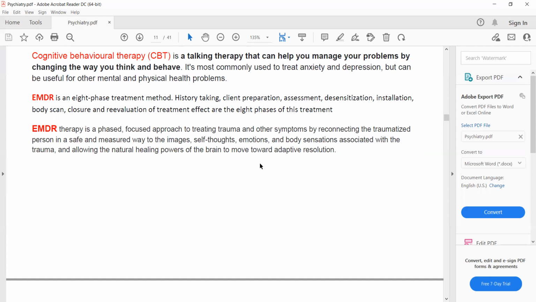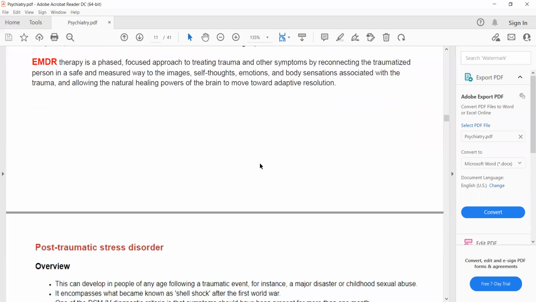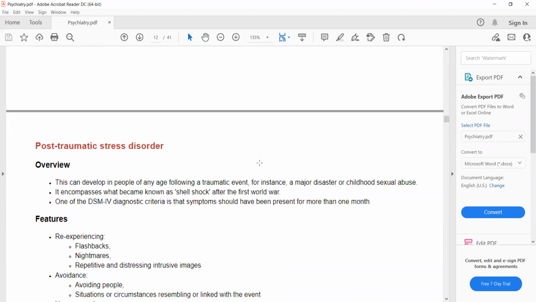So in EMDR, the person is reconnected with the traumatic event in a safe environment, and is allowed the natural healing power of the brain to move toward adaptive resolution of those situations. So the main management of post-traumatic stress disorder is trauma-focused CBT or eye movement desensitization and reprocessing, EMDR therapy.